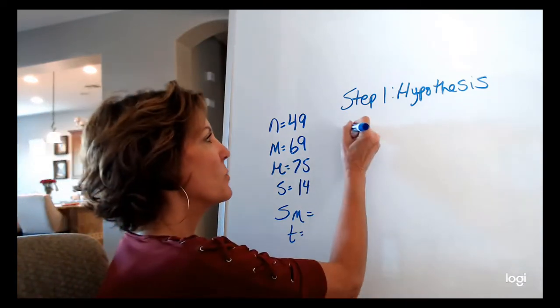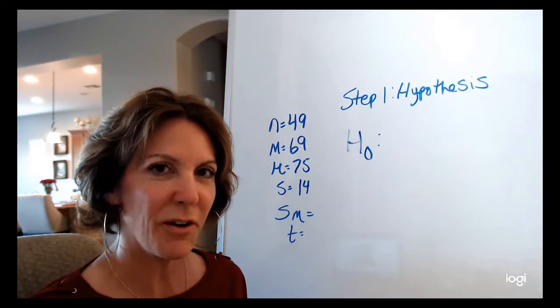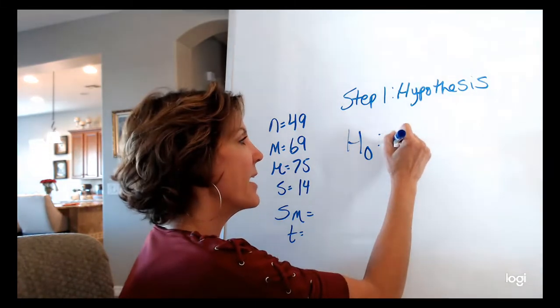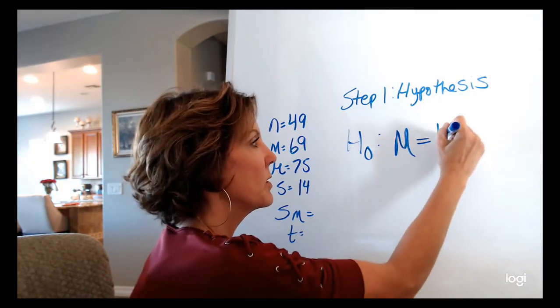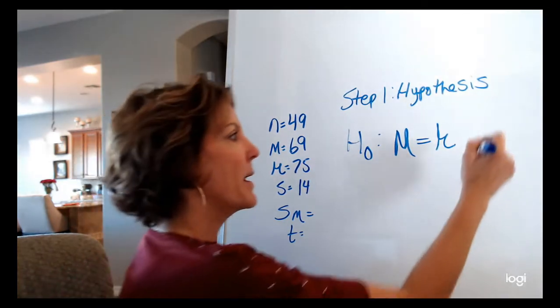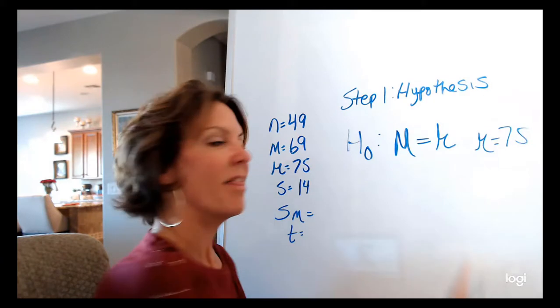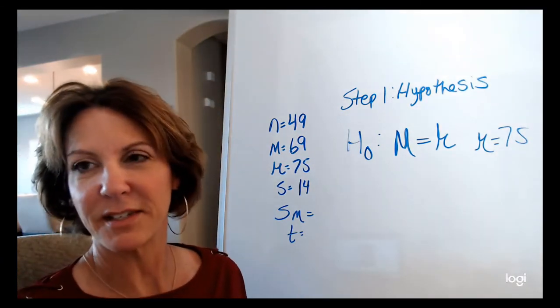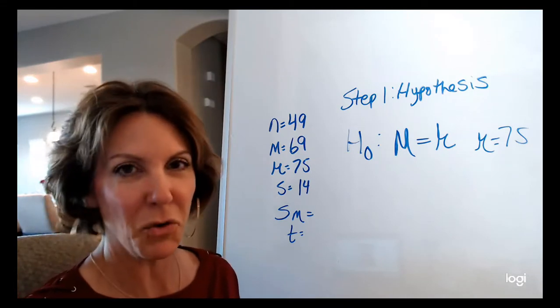We start with the null hypothesis, which is H subscript 0. I can simply say that my sample mean is equal to the population mean, or I might say that the population mean is equal to 75. This is a no difference hypothesis. It says that it's all equal, the same, there's going to be no difference.